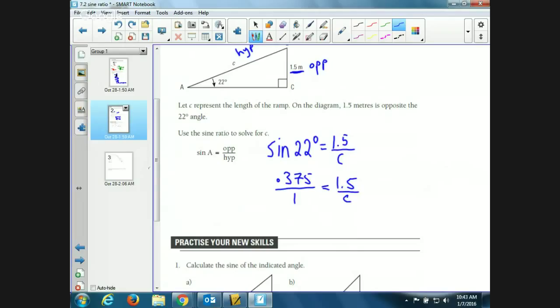You don't have to do that, but it helps. Now, cross multiply, divide by the loner, right? You're going to go 1.5 times 1, and divide by the loner, divide by 0.375.